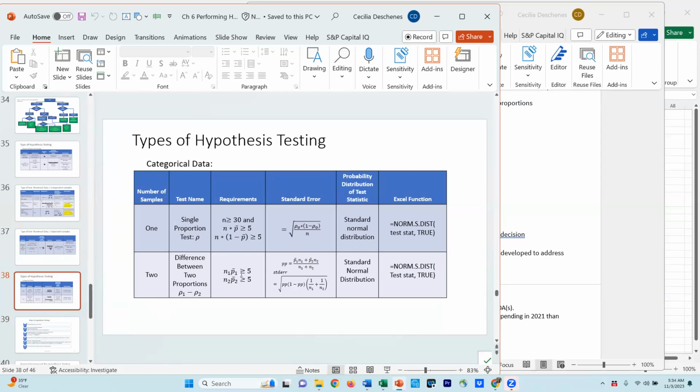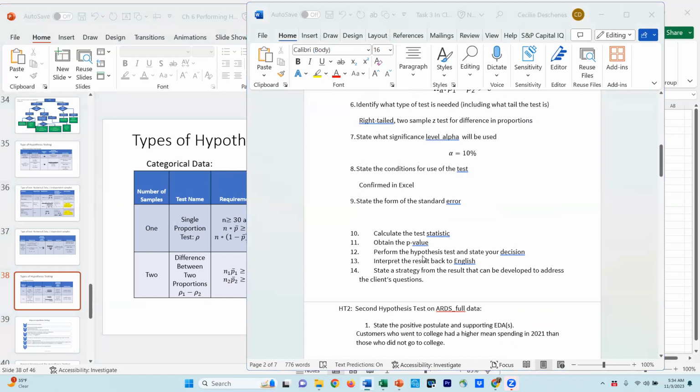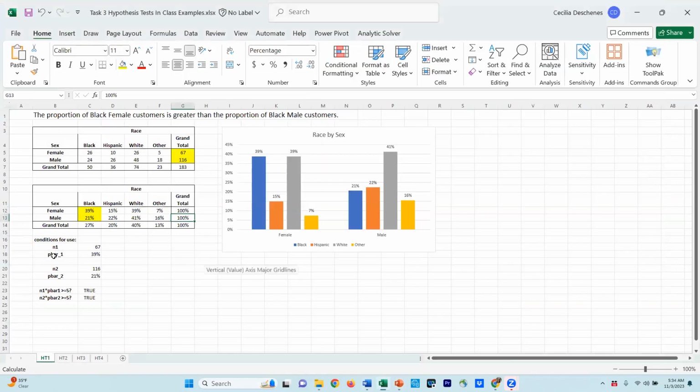Okay, so let's go in and check the conditions for use. In order to do that, we're going to need N1, and this is where we set this up, we point to the N1 and the N2, and then we have the row P bar 1, so it's our proportion of Black female customers from our sample, and then for P bar 2, it's the proportion of Black male customers.